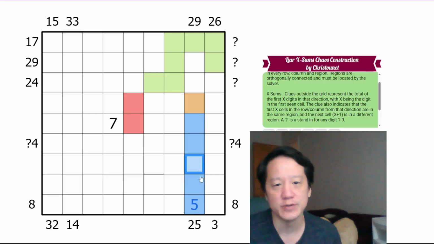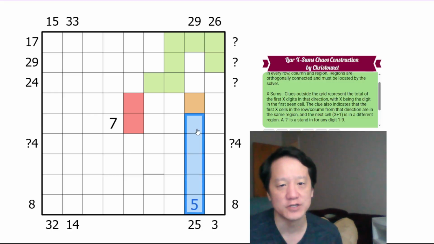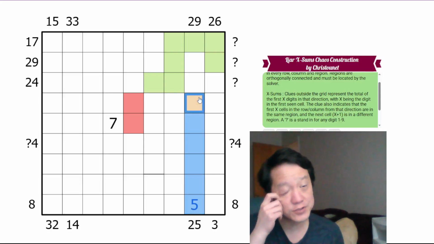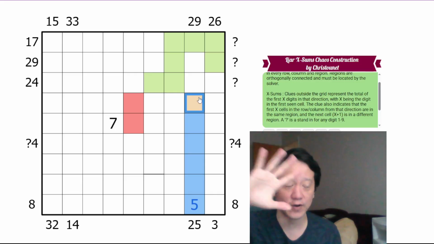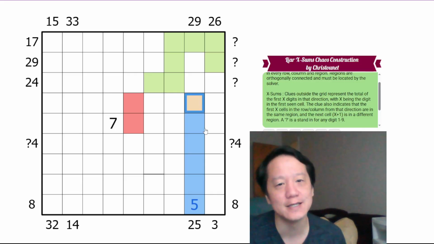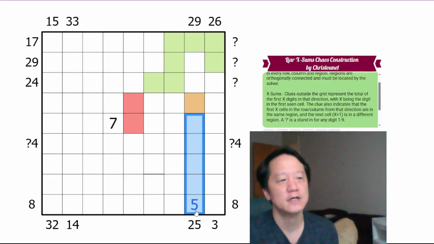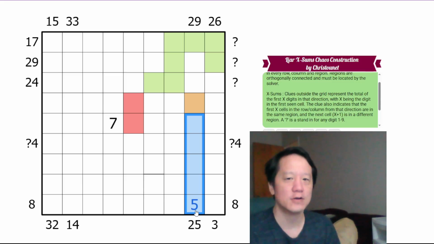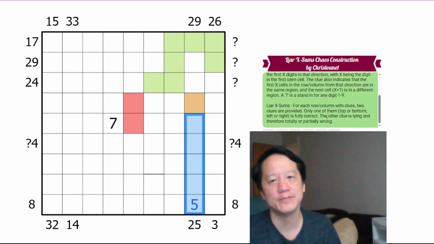Because basically it could be like, oh, the first 5 digits don't add up to 25. Or it could be the first 5 digits are not in the same region. Or it could be that the first cell past the first 5 is in the same region as the first 5. So that's what a liar X sum clue could mean, right?